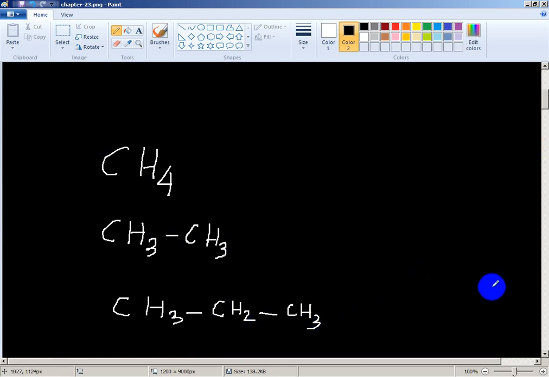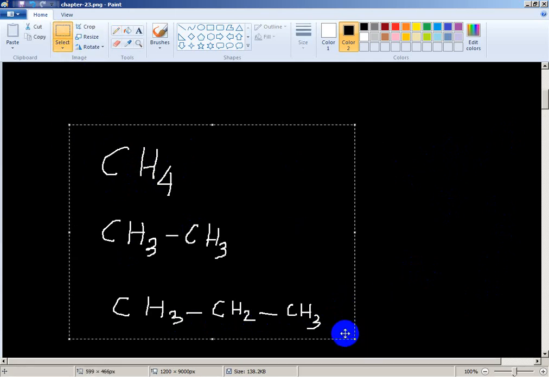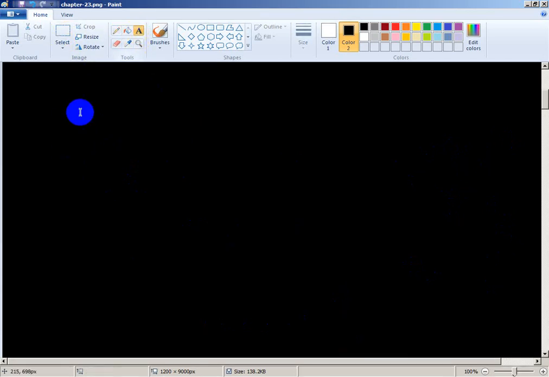If 12 carbon in a chain, 20 carbon in a chain, they are longer molecules. So what will be the physical properties of hydrocarbons?